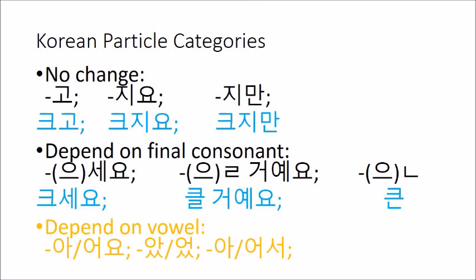Let's take a closer look at the conjugation in this category. We are using the sentence ending, honorific ending 아요 and 어요 as the examples.